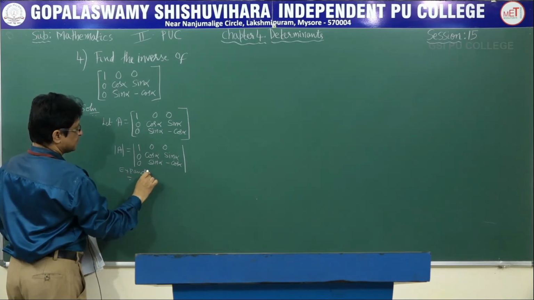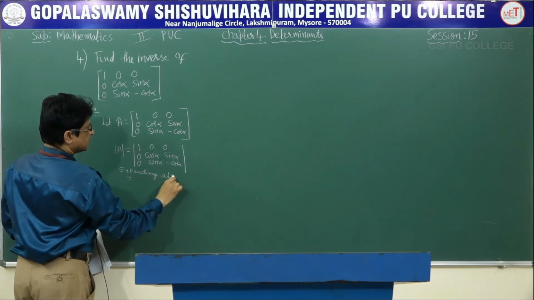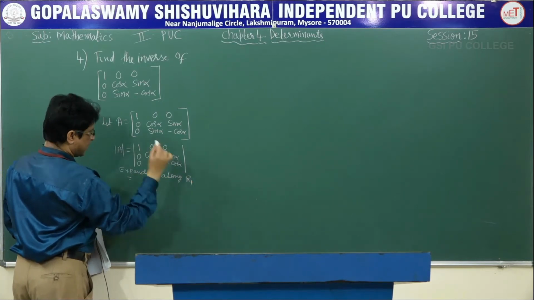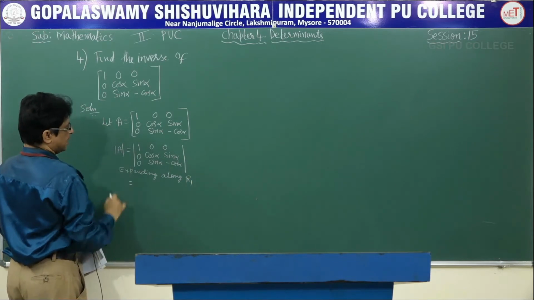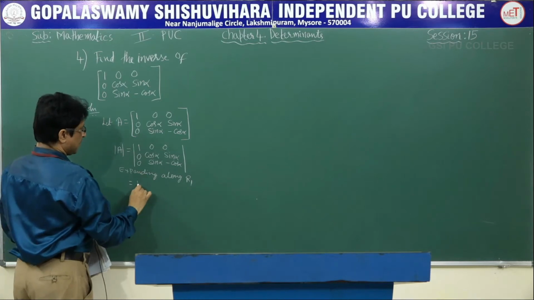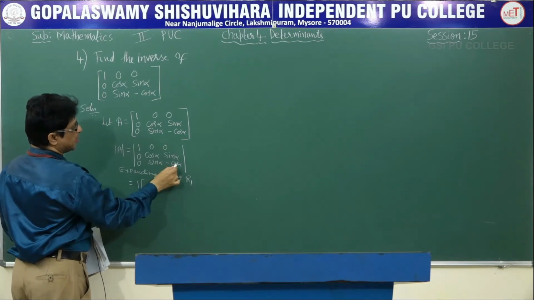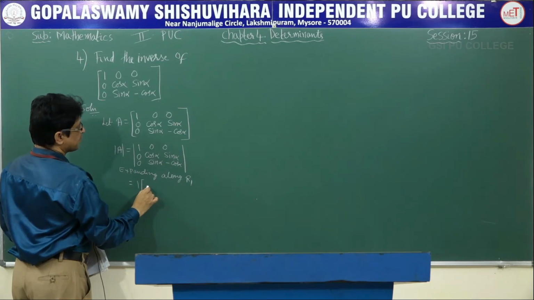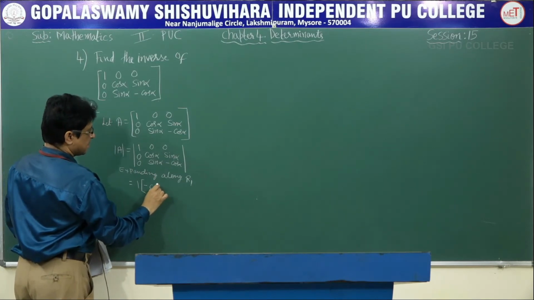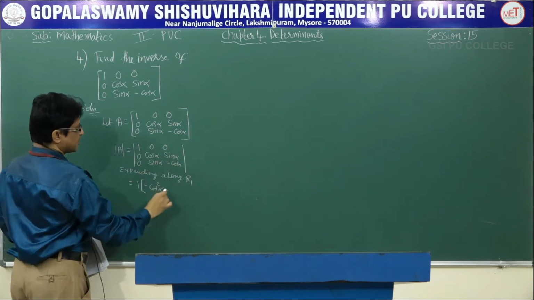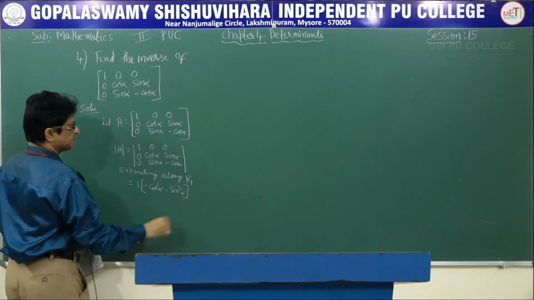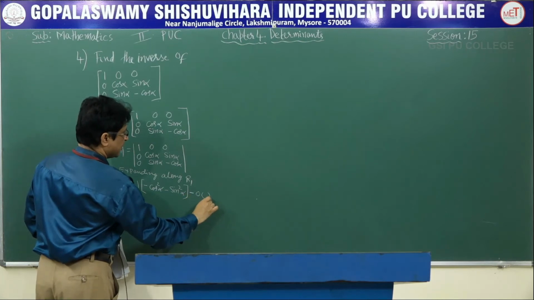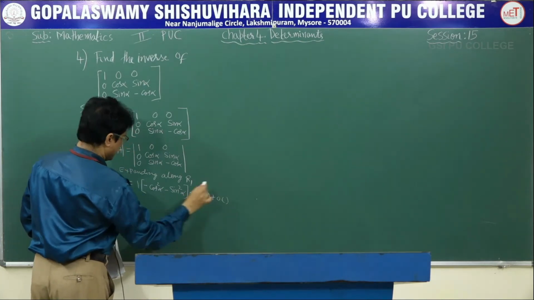Expanding along R1, that will be equal to 1 into cos alpha into minus cos alpha, minus cos square alpha, minus sin alpha into sin alpha, it is sin square alpha, minus 0 into plus 0 into.